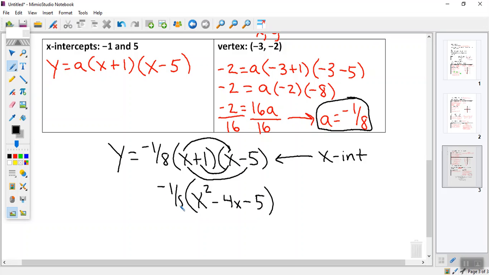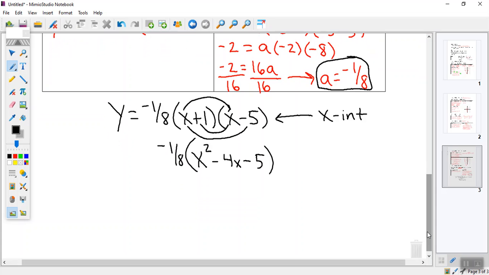Okay. So to turn this into standard form now, you're simply going to multiply negative 1/8 to every term that we just FOILed out. So we're going to end up in standard form with the following. Negative 1/8 times x squared would be negative 1/8 x squared, wouldn't it? Agree with that? Then I'm going to take the negative 1/8 times negative 4x. Help me out first.